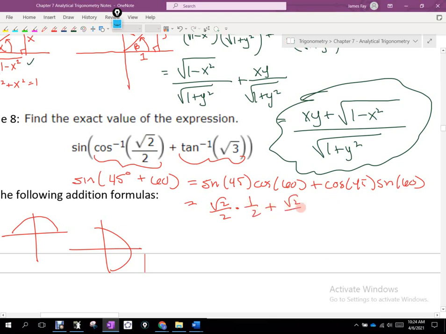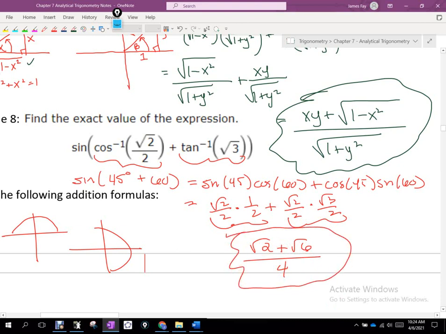Cosine of 45 radical 2 over 2. Sine of 60 radical 3 over 2. That gives me radical 2 over 4. That gives me radical 6 over 4. So because they're both over 4, there's my final result. That's the sine of 105, which is identical then to that thing right there.